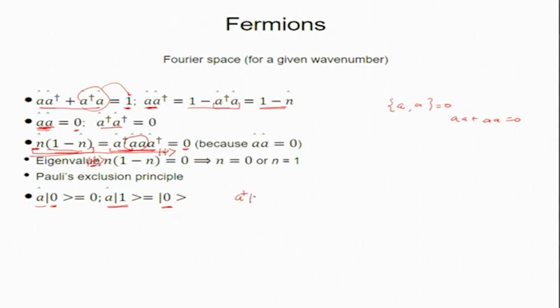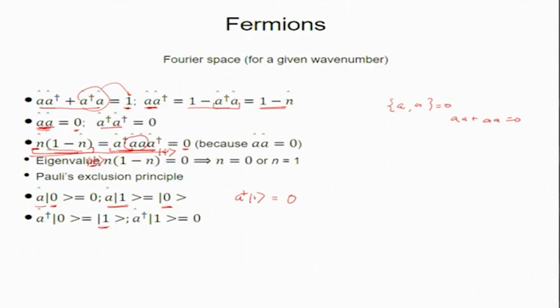What about A dagger acting on 1? It would give 2, but 2 is not possible, so this is 0. A dagger acting on the empty state, you can create and you get 1.